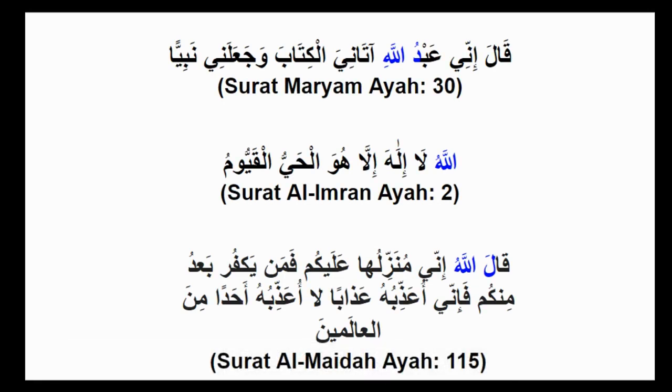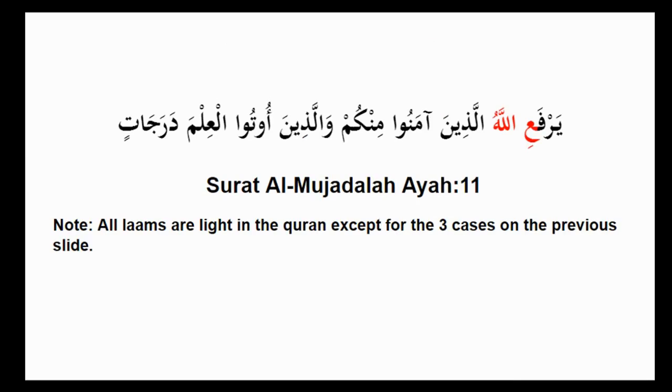So it's قال الله, and you have to make sure that you pronounce both of the lams for the heaviness of the lam, the name of Allah subhanahu wa ta'ala. So it's قال الله إني منزلها عليكم.